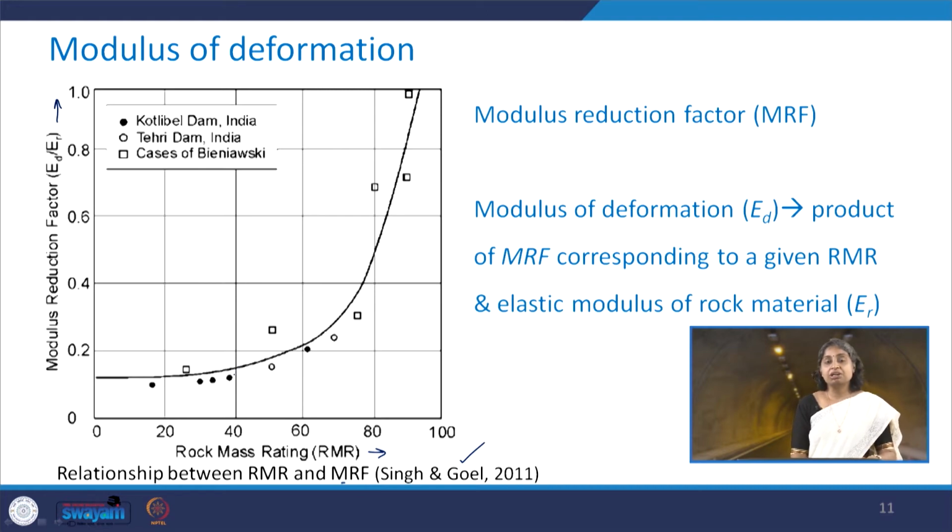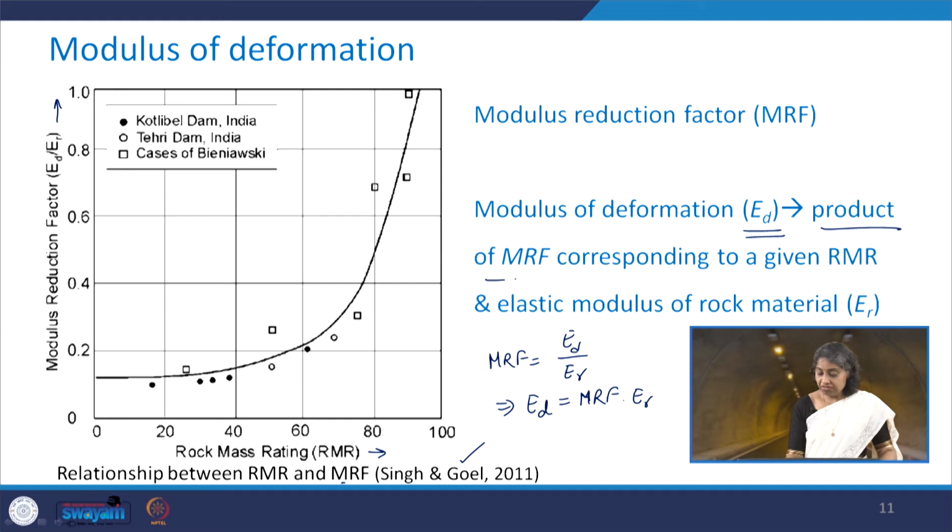Once we know it, we can find out from the expression MRF is equal to ED upon ER, so ED is MRF into ER. Basically, the modulus of deformation ED is a product of the MRF corresponding to a given RMR value and the elastic modulus of rock material, which is represented as ER.